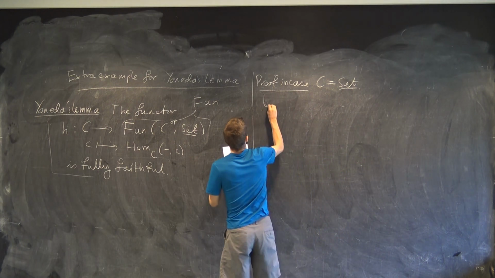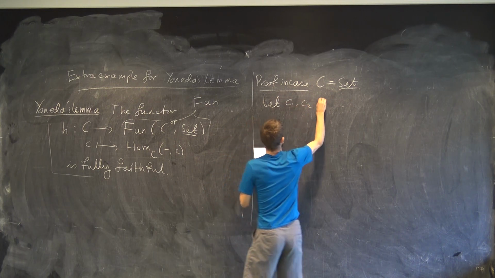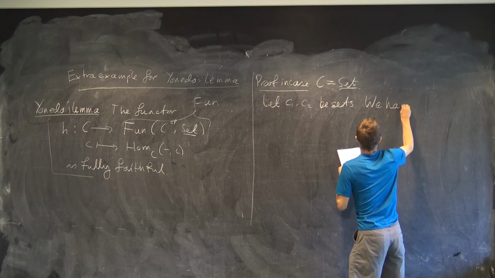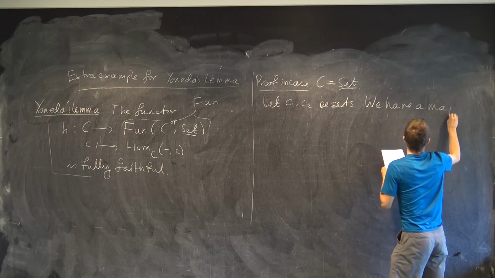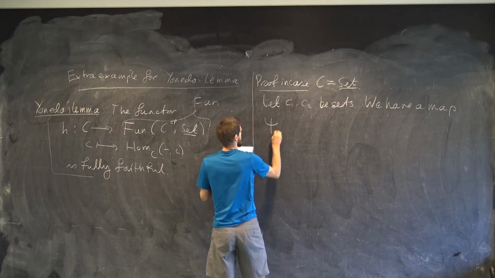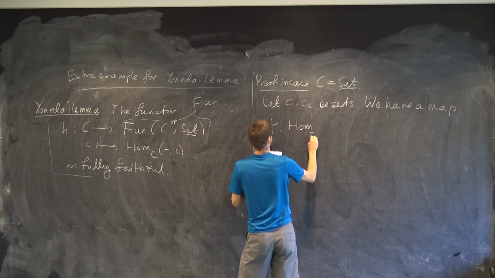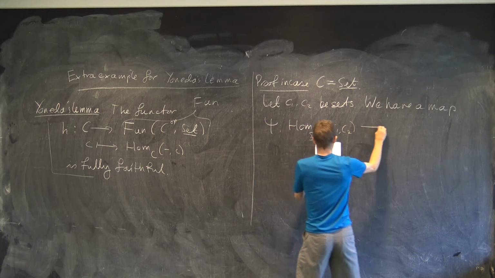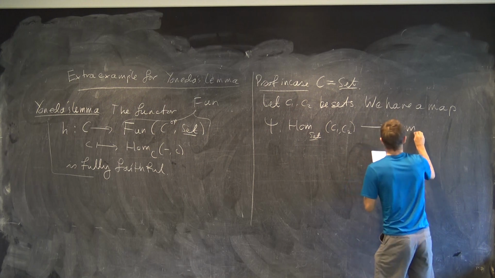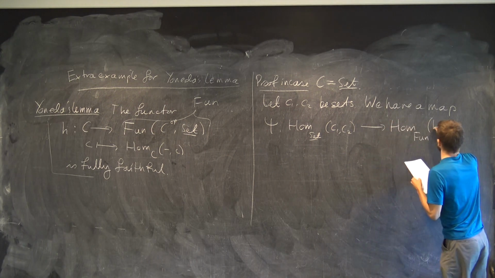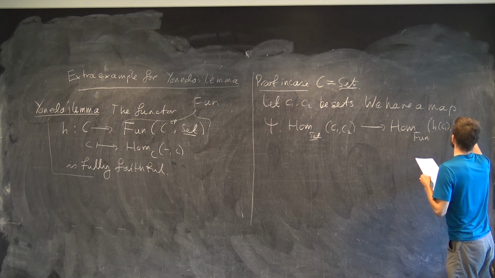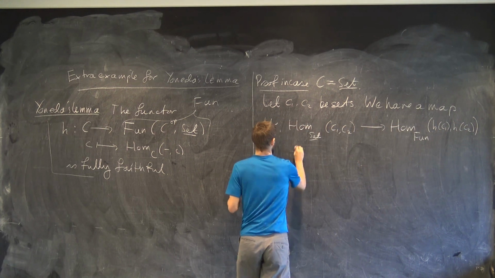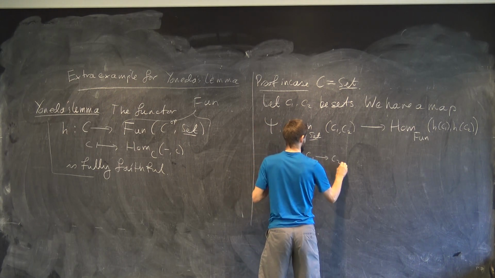Okay, so let C1 and C2 be sets, and we have a map, which I'm going to call psi, which goes from hom in the category Set, C1, C2, to hom in the functor category, H of C1, H of C2. Suppose we have a map F from C1 to C2.